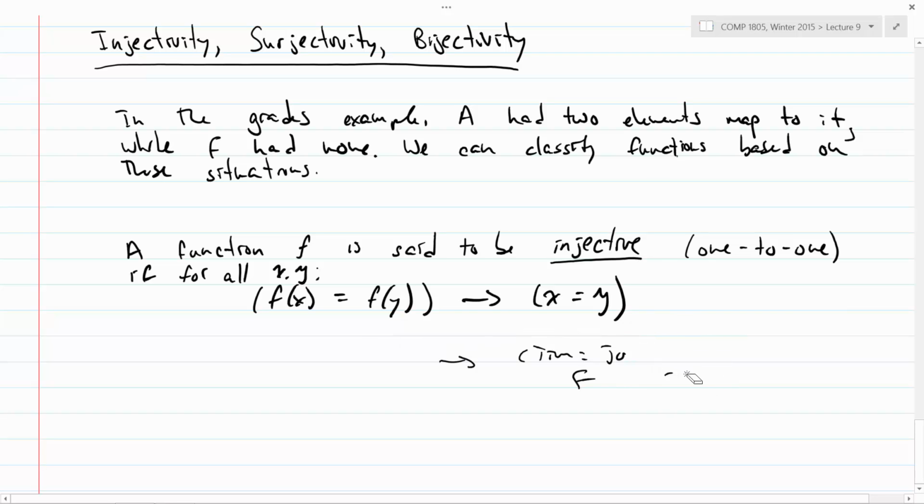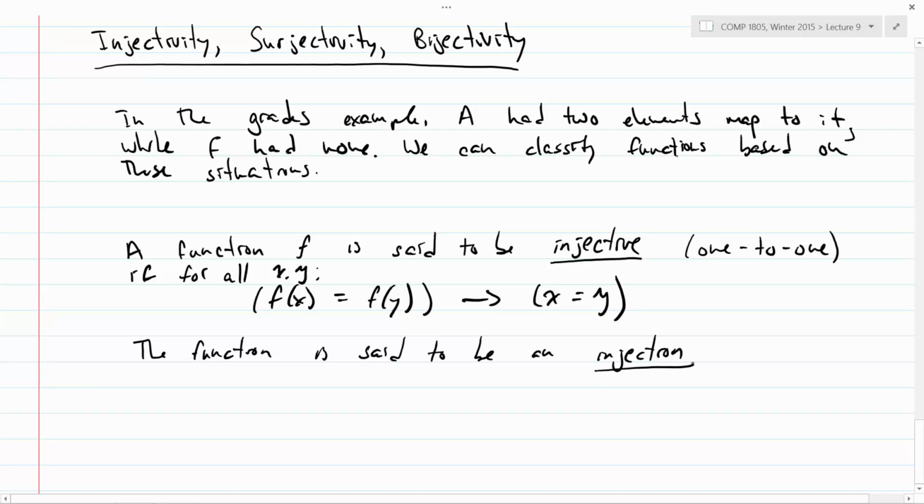I just don't want to jumble up the definition, that's why I'm taking it out. All right, so that's what it means to be injective. So the function is said to be an injection. So a function that is injective, you would call an injection.